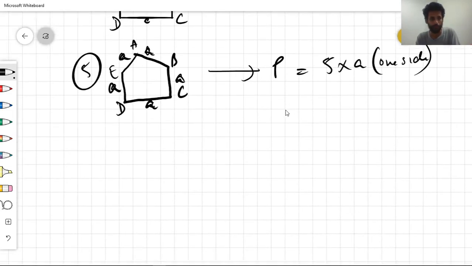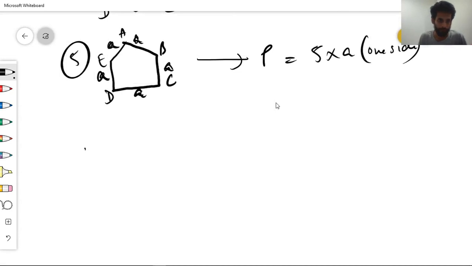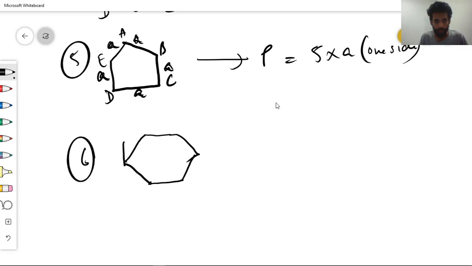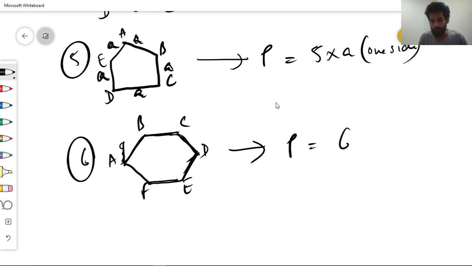Now a six-sided figure is a regular hexagon. It will be A, B, C, D, E, F. And the perimeter will be 6 into A.